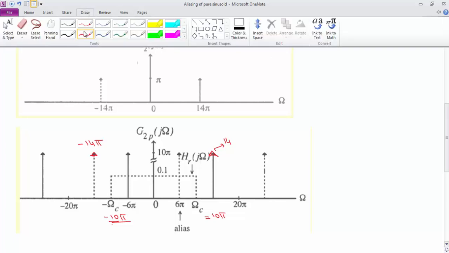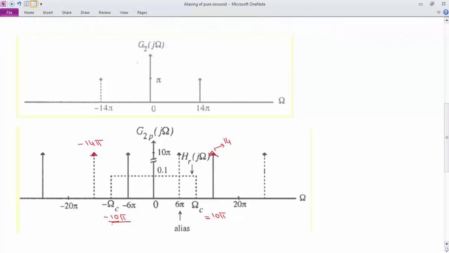Now you have another copy due to the spectrum around 20 pi. Now where will be the endpoints of that spectrum? This endpoint will be 20 pi minus 14 pi, which is equal to 6 pi.